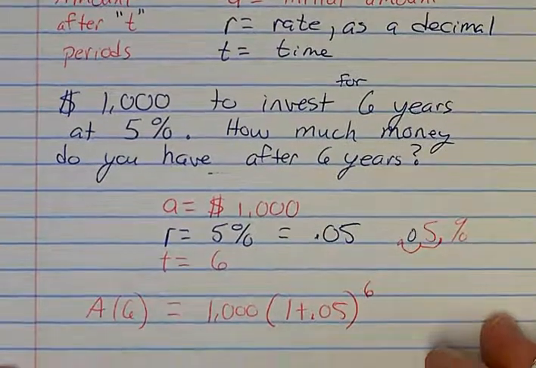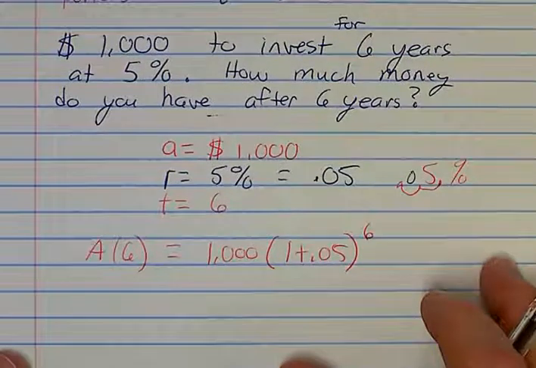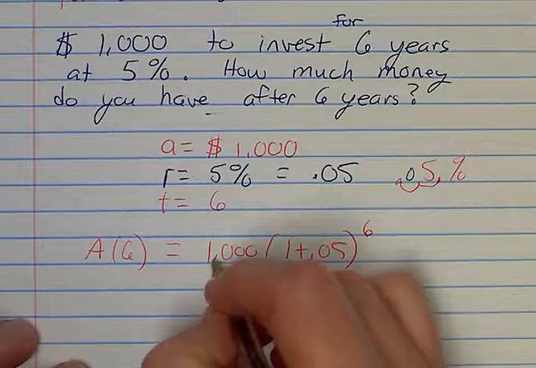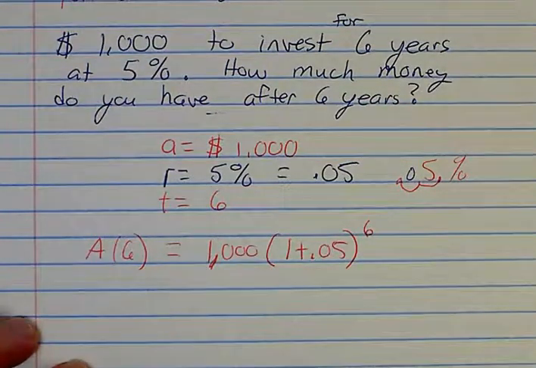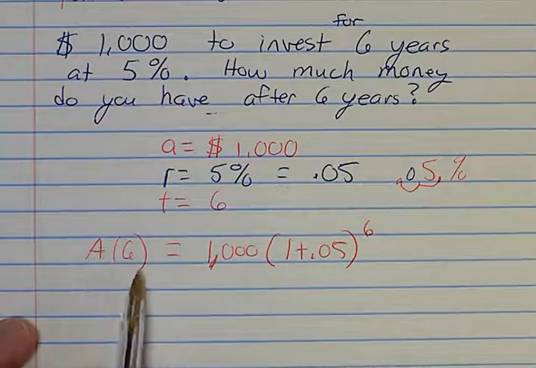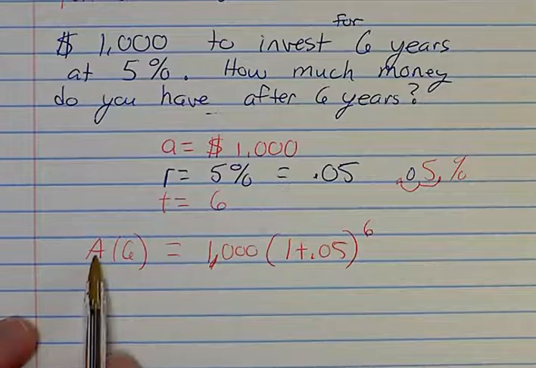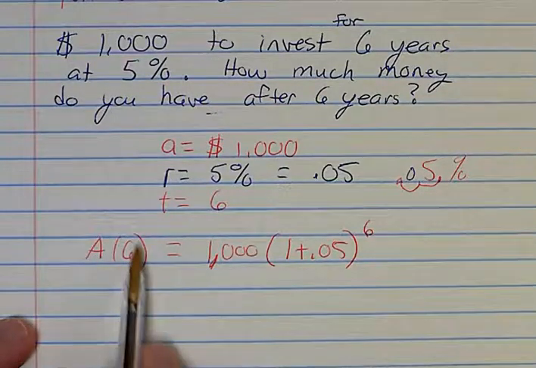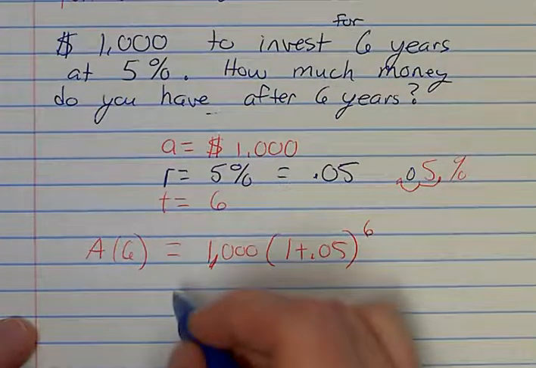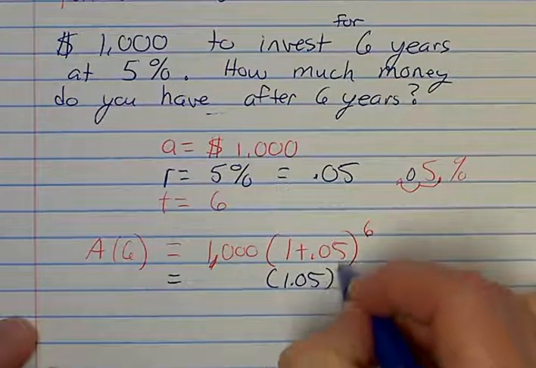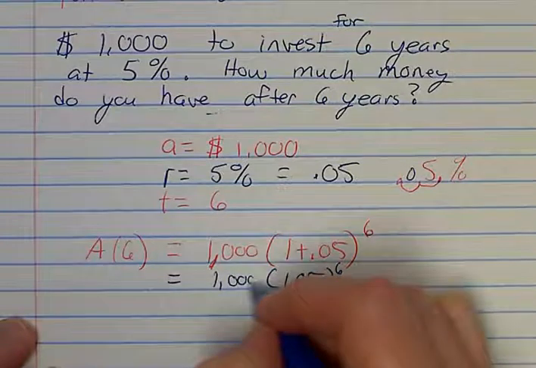Taking that one formula and plugging the numbers in, that's what it looks like. And this A of 6 on the left-hand side, you don't do anything with that, because it's just letting you know that the amount we're looking for is 6 years later. It's just a notation. All the work's on the right-hand side. So that's 1.05 to the 6th power.